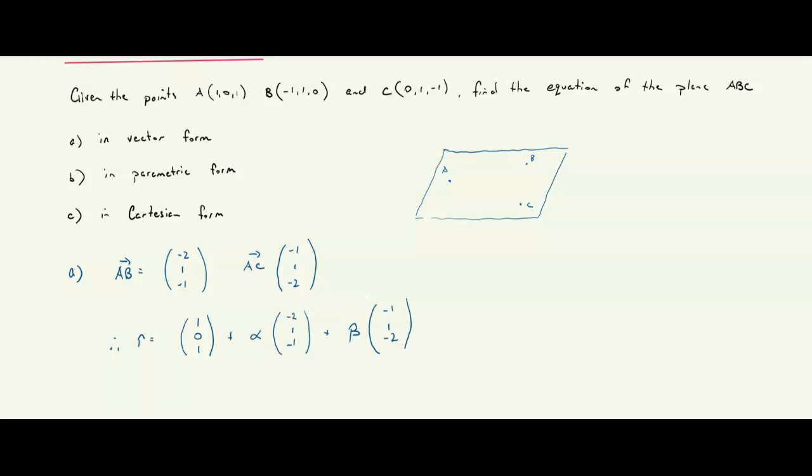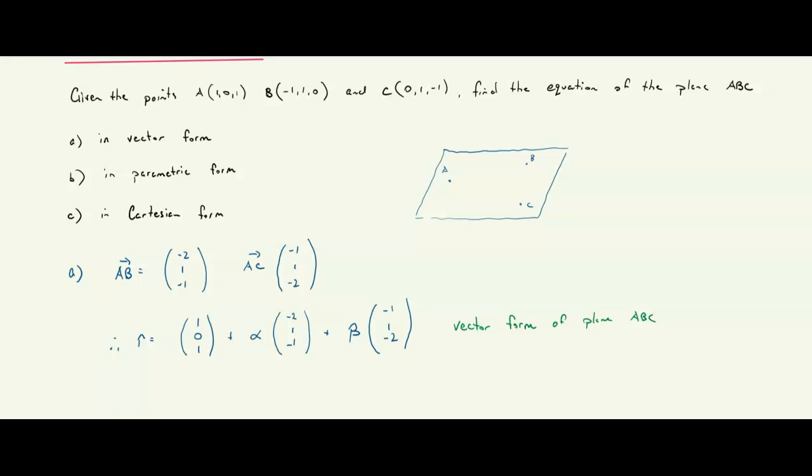So we have already our vector form of plane ABC. Okay, so that's terrific.